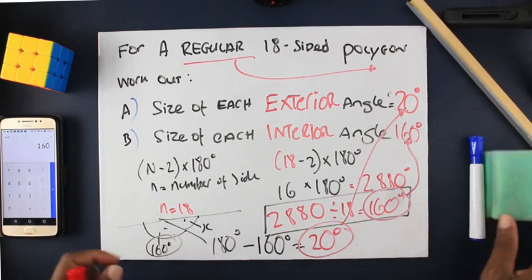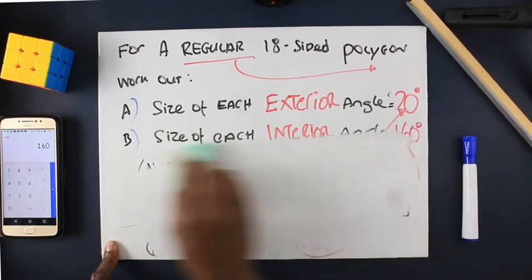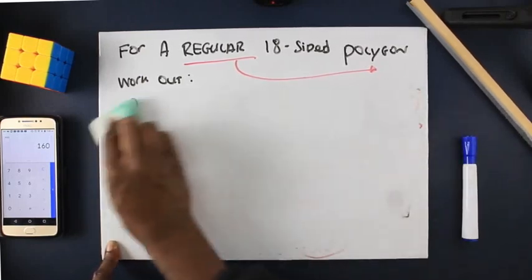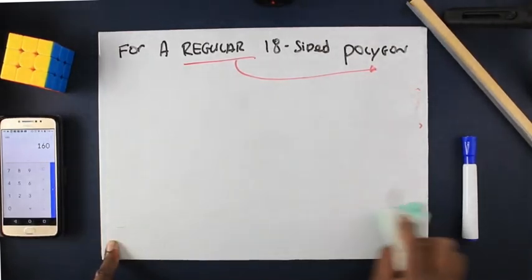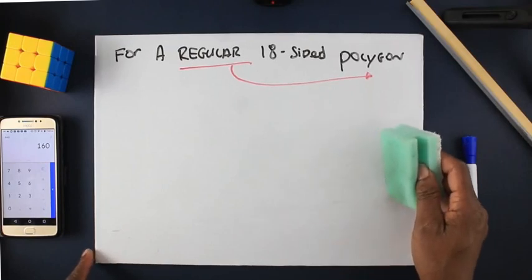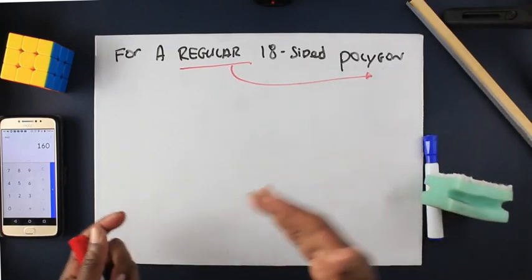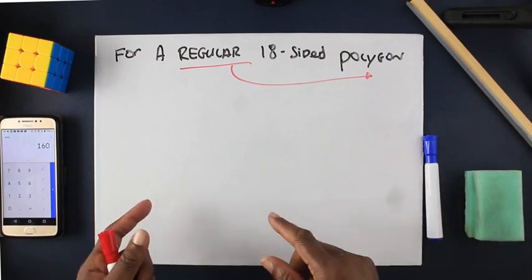So you see, there were two ways of doing this. We used the fact that all of the exterior angles must be the same and add up to 360, so we divided those by 360, and then we worked out what the internal angle is using the external angle.